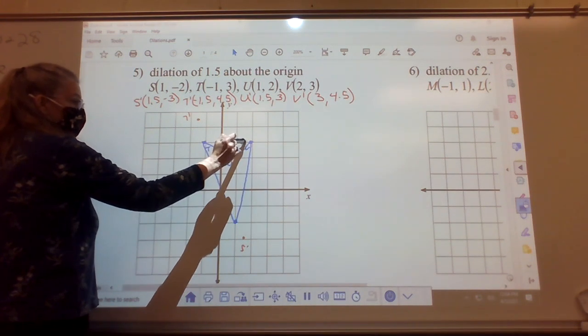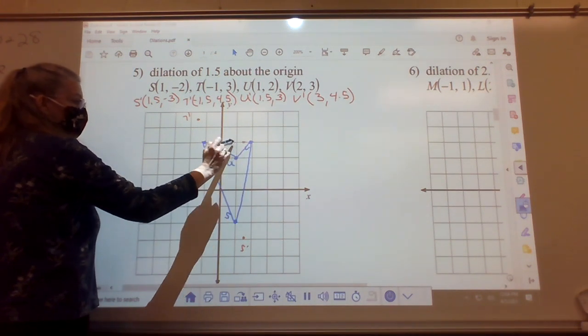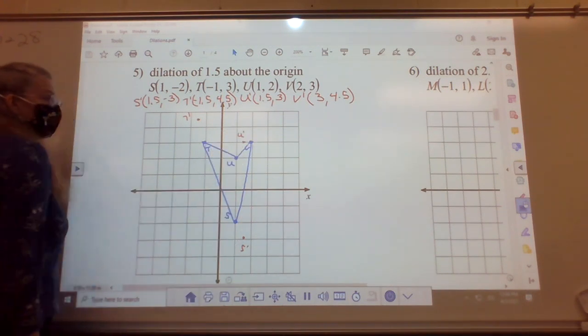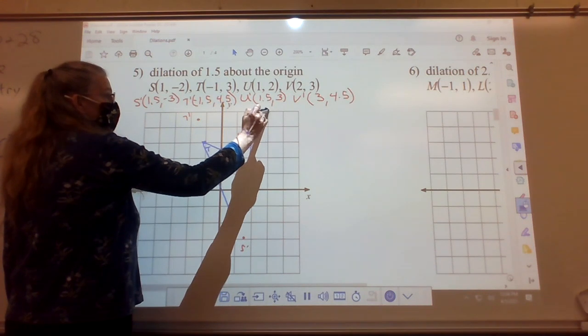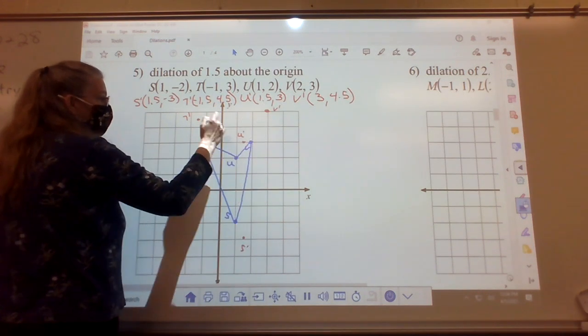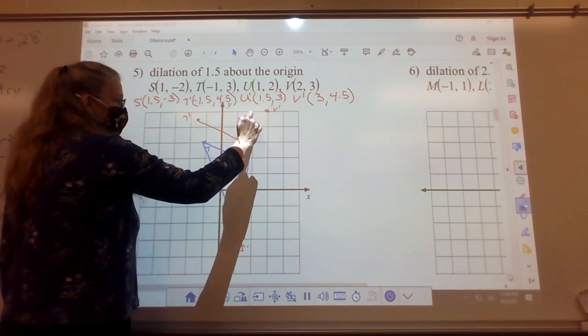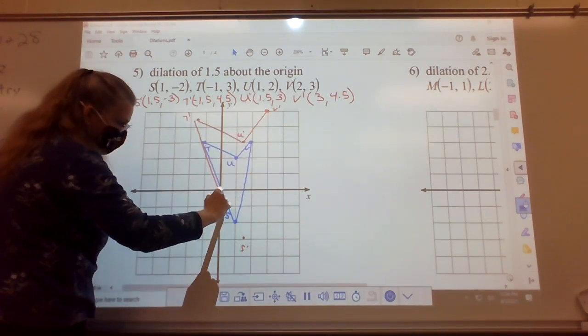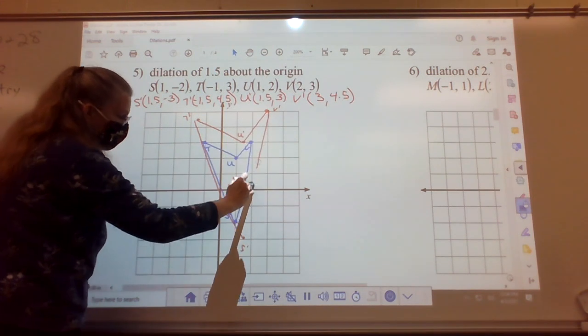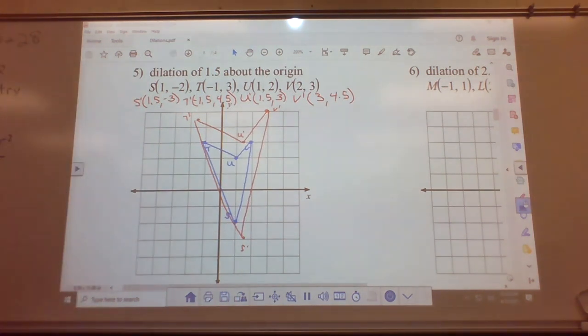So it's going to be about here. So there's the U. And then V, 3, 4.5. It's up here. Reconnect. There's what I have.